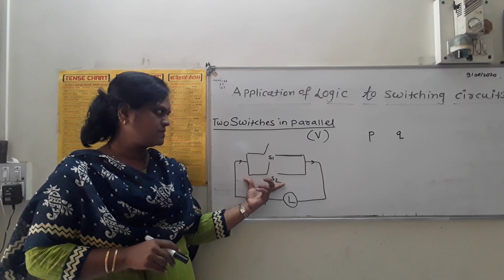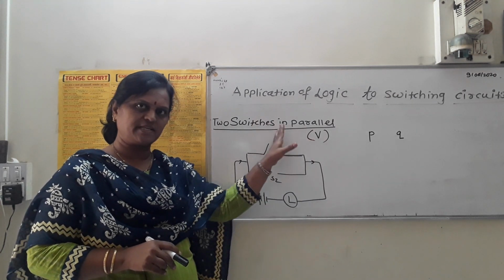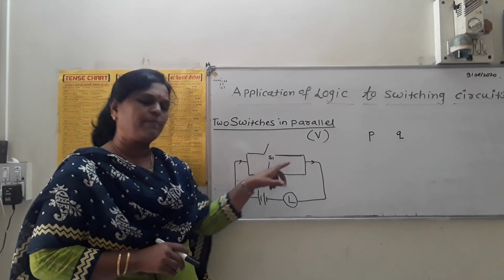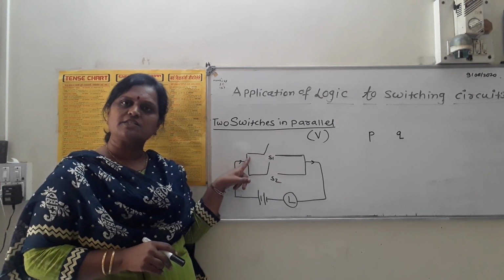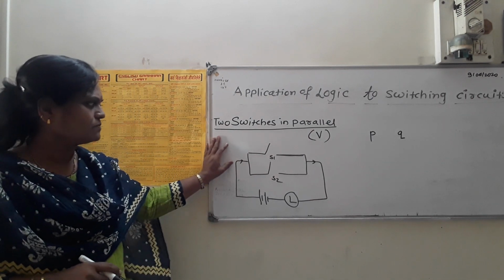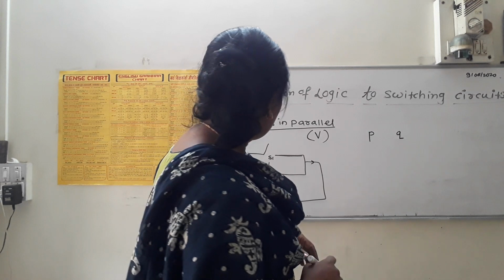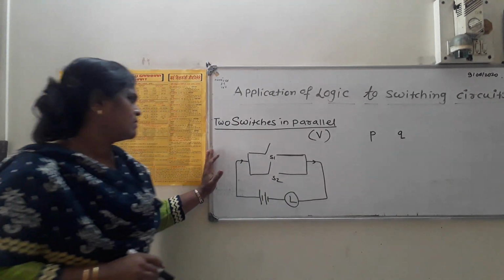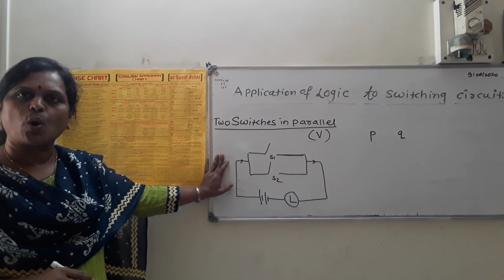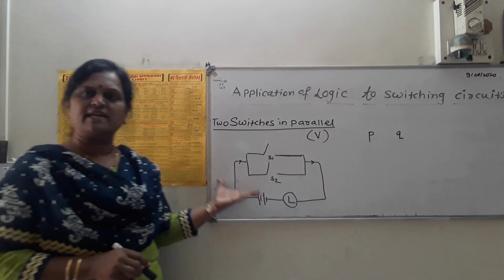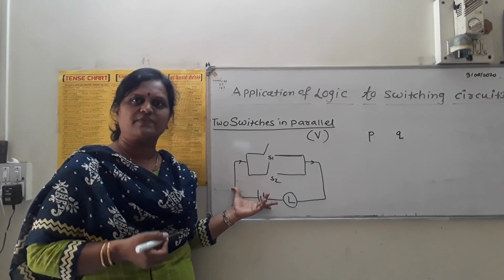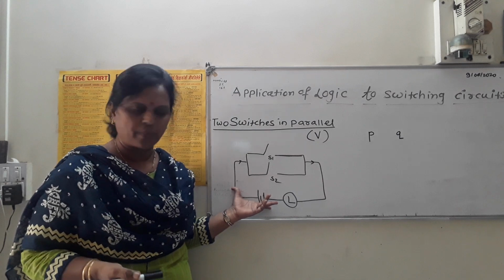In this case, two switches in parallel, the current will flow if at least one of the switches is closed. In a circuit, we don't show whether the switch is open or closed.